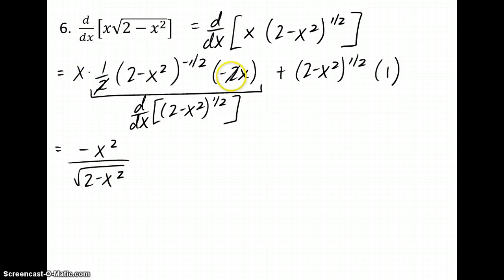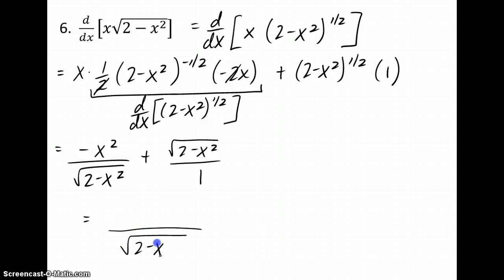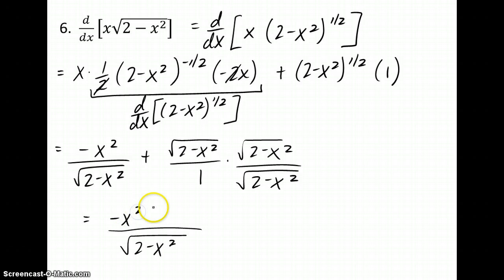I get x times negative x is my negative x squared. Make this exponent positive by moving it to the denominator. And then my second term, the exponent's already positive. All right, so one fraction, positive exponents. Our common denominator here would be 2 square root of 2 minus x squared. So to get the common denominator, the first fraction does not need anything done to it, so we keep that as negative x squared.